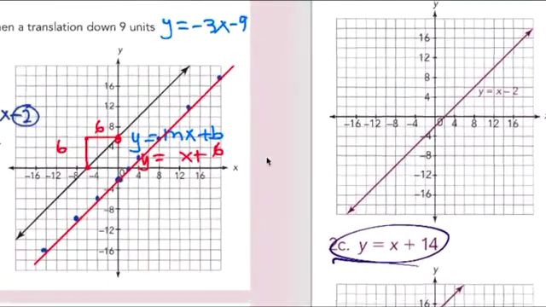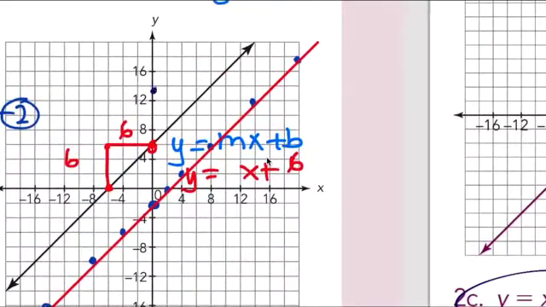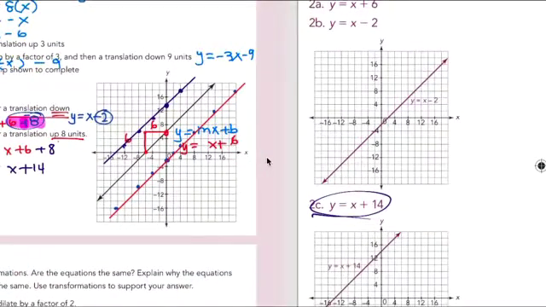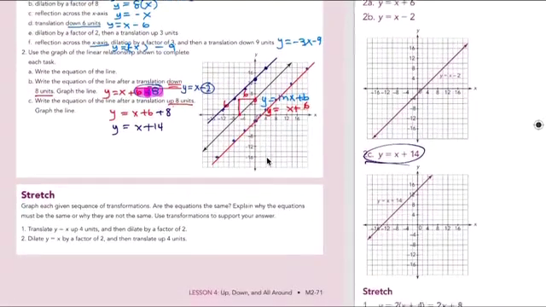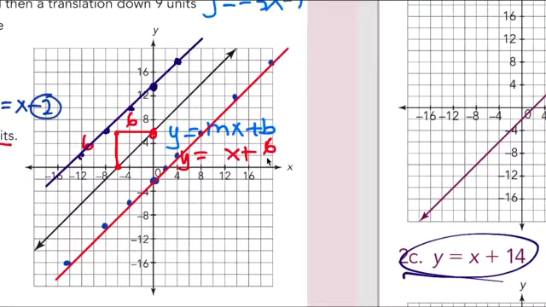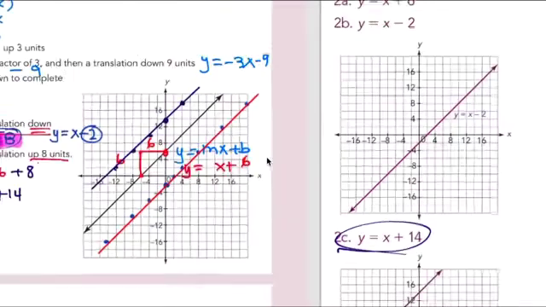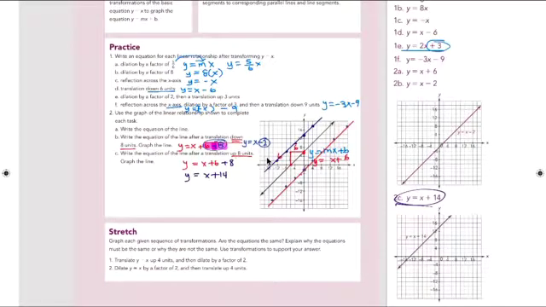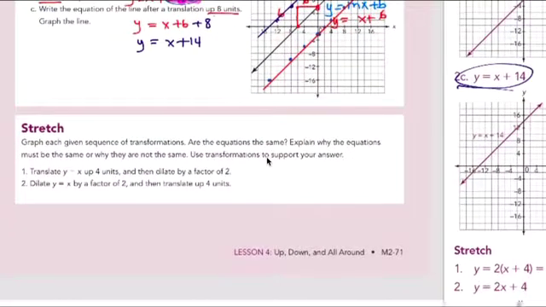Graphing that, starting out at 14, and then 1 over 1 could be 4 over 4, same thing as 1, and graph that right there. And those are your 2 lines. Noticed, because the slopes are the same, all the lines are parallel. The slopes are all 1. That's the whole lesson that I want you to get out of what we learn in class.